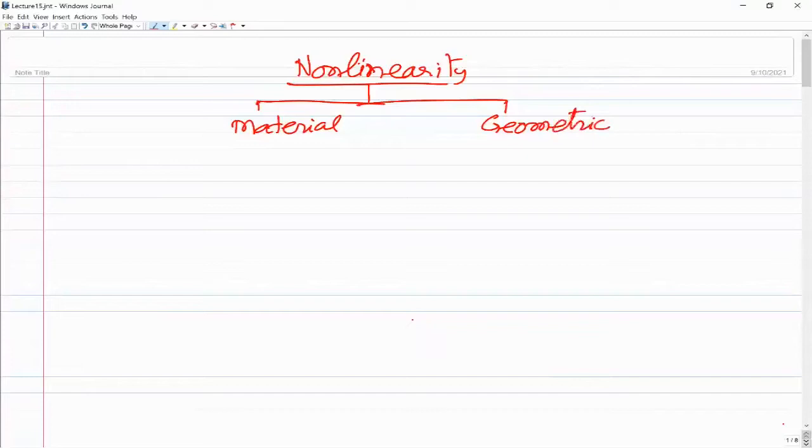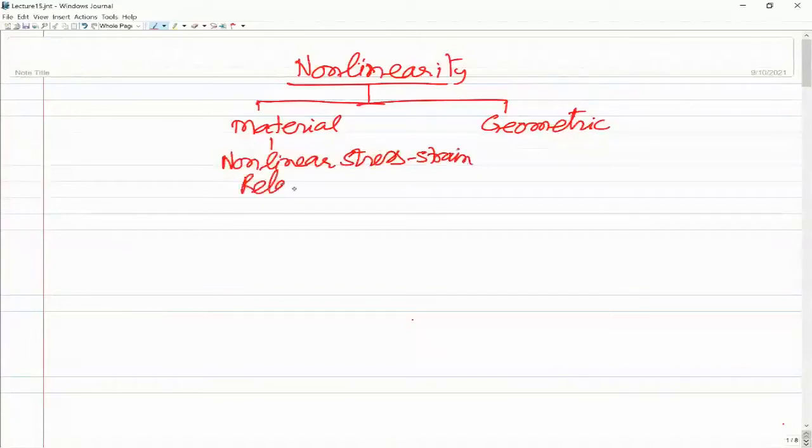Material nonlinearity means we are talking about a nonlinear stress strain relation. And in this we will talk about two types of problems.